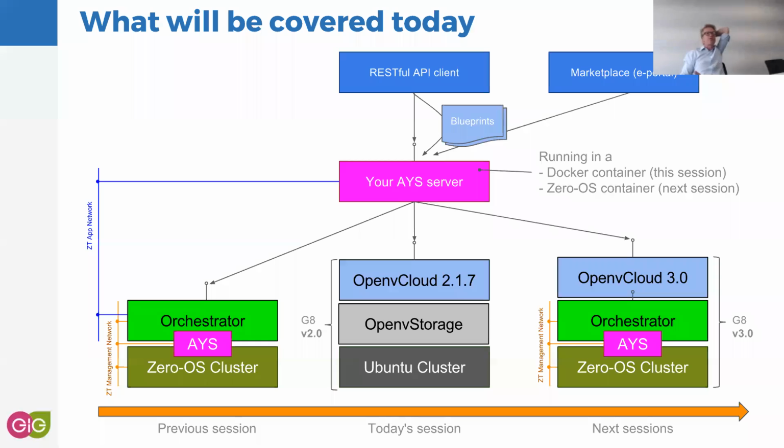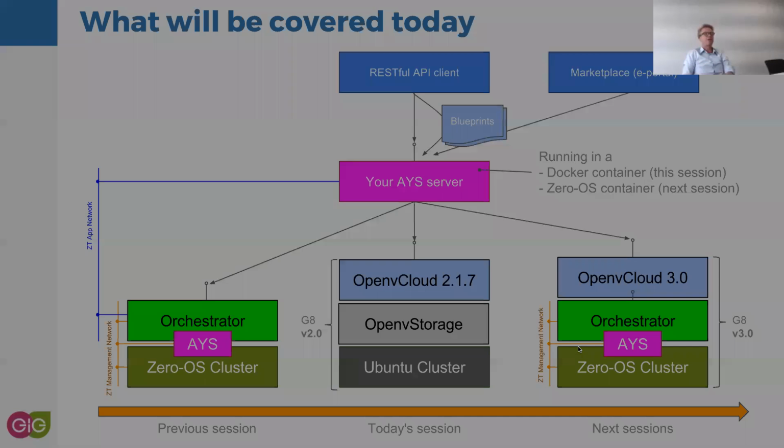Even if you would interact through a marketplace, a portal, as we will certainly show you in one of the next sessions, at the end of the day, it's exactly the same thing. It's the marketplace that sends blueprints to the AYS server to get things done. And that's everything that we'll be doing in the next few sessions.